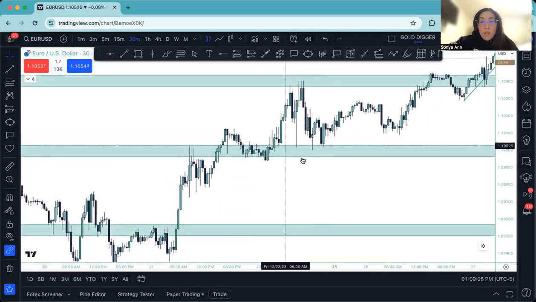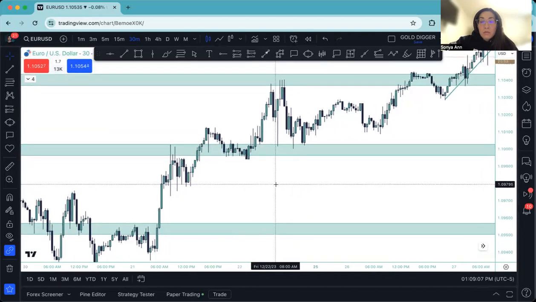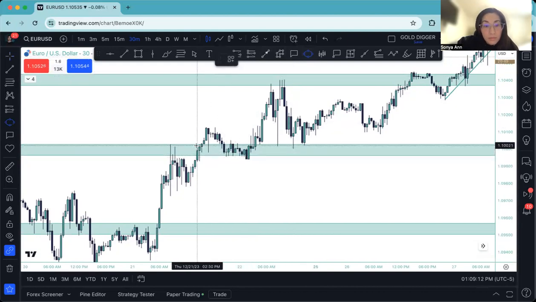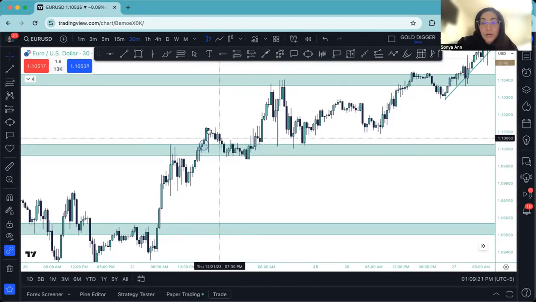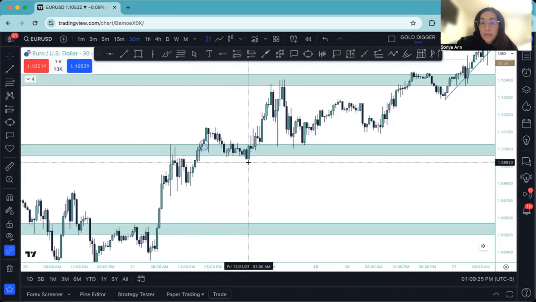So you see right here, it broke. And then this whole area right here is a deep pullback retest.